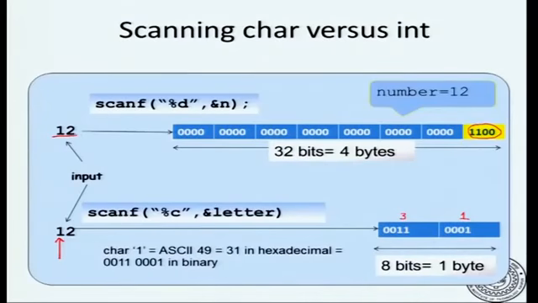When you scan it as a number, this entire thing will be scanned, converted into binary, and stored in an integer variable. When you scan it as a letter, it will scan the first digit only, because that is the character, and then store the ASCII value inside the character variable. So this corresponds to the letter variable holding 1 within single quotes, the character constant 1.